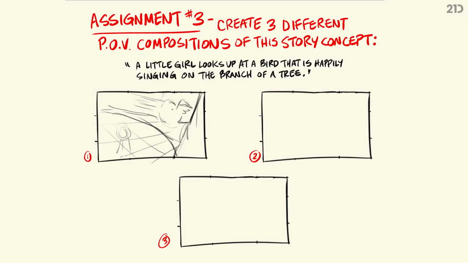Okay. Again, it's better if you did some character design before you start. Let's make it a happy singing bird. Tweet, tweet, tweet. And the bird is like throwing around his. There we go.